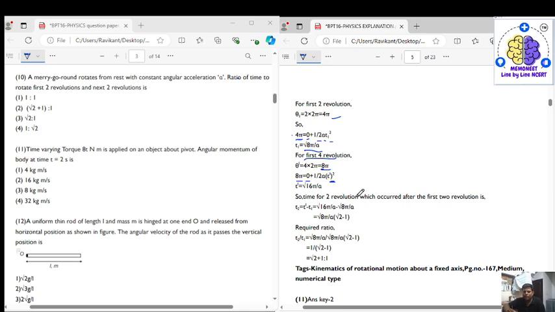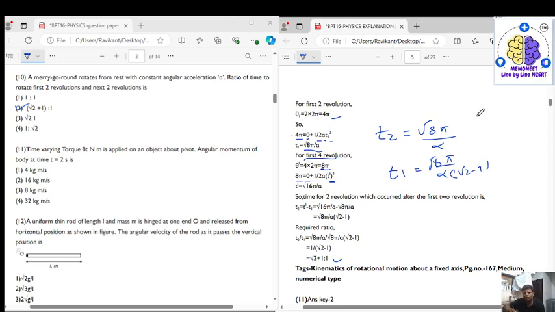Now when we find the ratio of t1 to t2, it will be equal to root 2 plus 1 is to 1, which is option 2. Why? Because we had t1 equals under root 8 pi upon alpha, and t2 equals under root 8 pi upon alpha into root 2 minus 1.